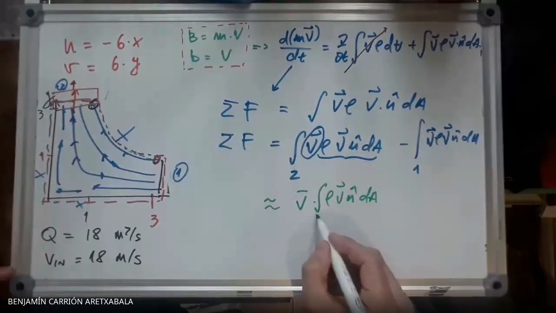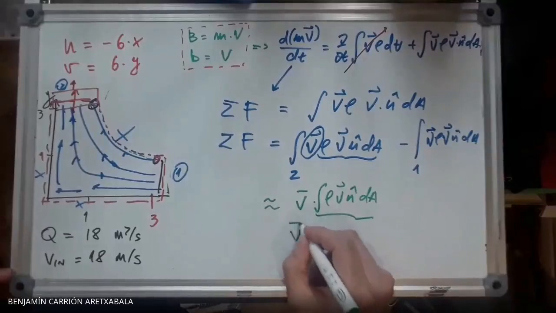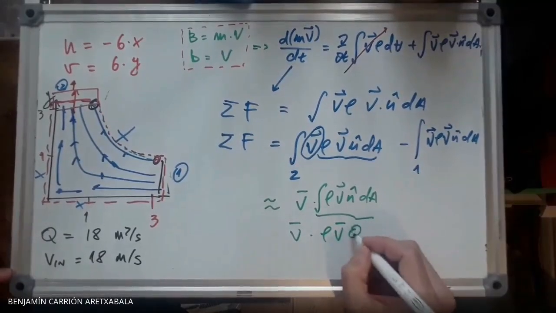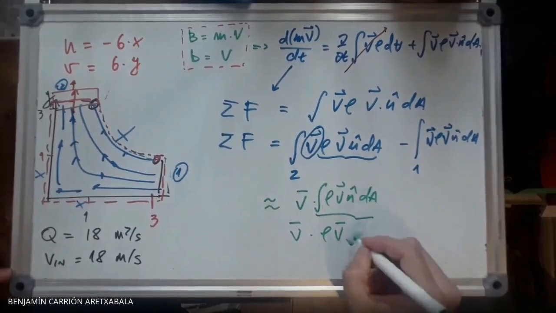And this integral we saw before, this is just rho, average velocity, I'm sorry, times area, right?